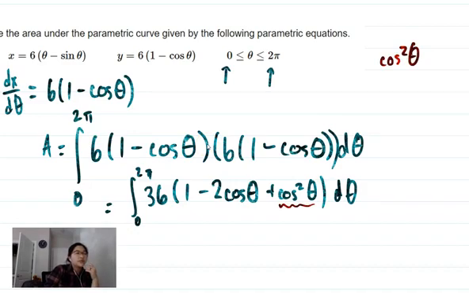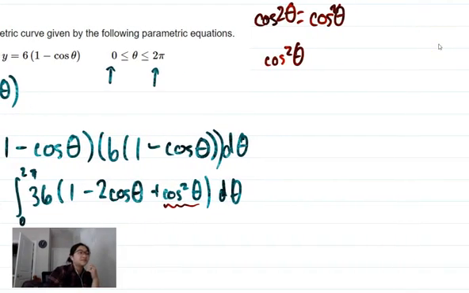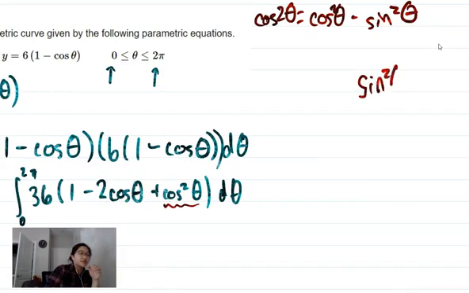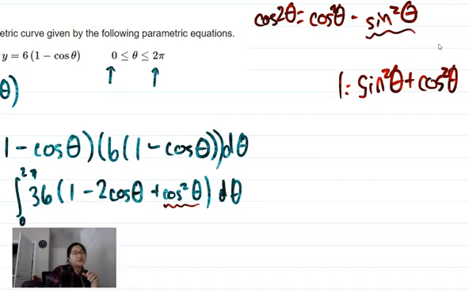Well, we know that cosine of 2 theta is cosine squared theta minus sine squared theta. And so that means that along with our Pythagorean identity of sine squared plus cosine squared equals 1, can I rewrite this sine squared in terms of 1 minus cosine squared?